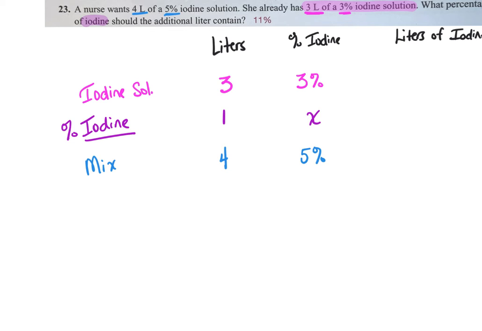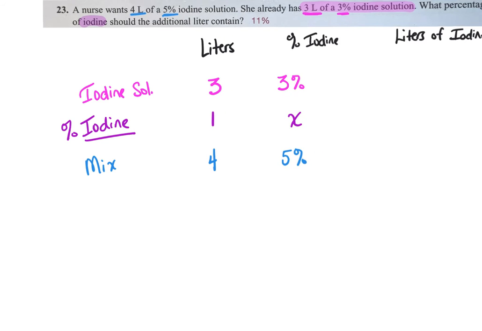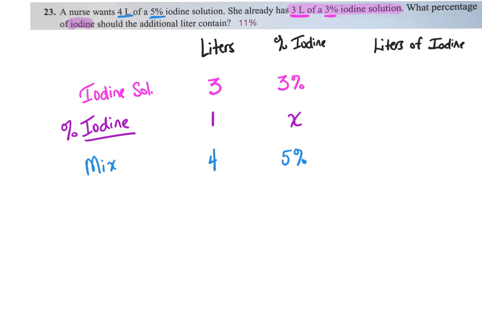So for this one, we are going to multiply across just like we did before. All right, so for the first one, how do I calculate that? 3 times, how do I change the 3% to a percentage? 0.03, right? And so what is this guy going to be? 0.09. You need both of those, 0.09.